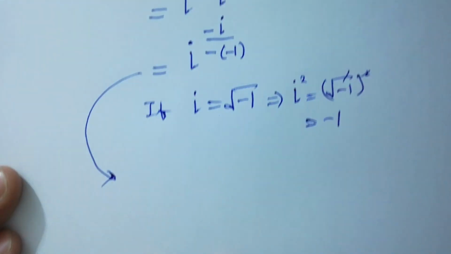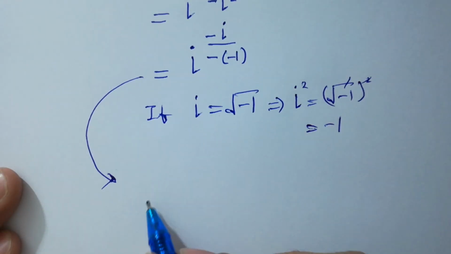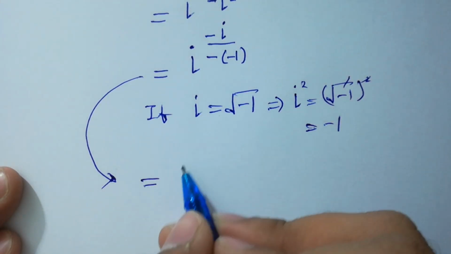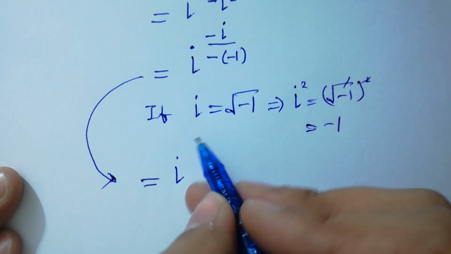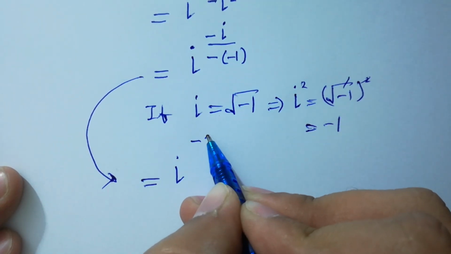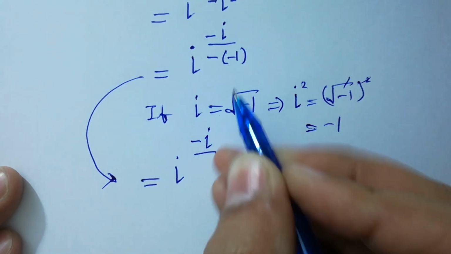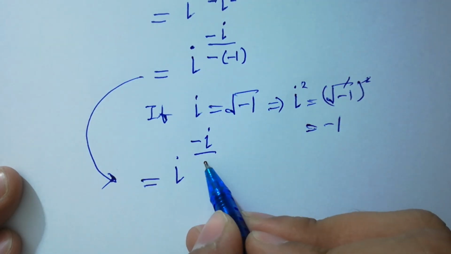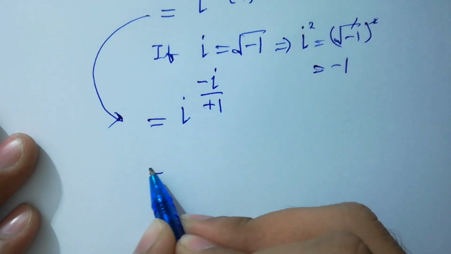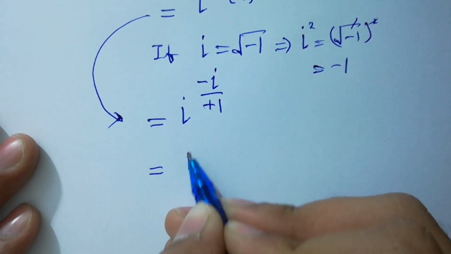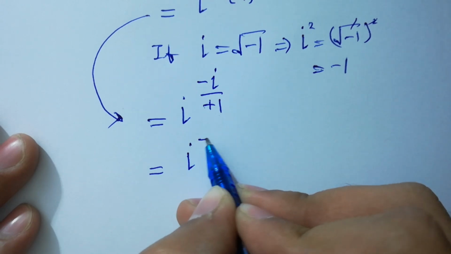In the next step, we have i to the power minus i over minus plus 1. So we have i to the power minus i.